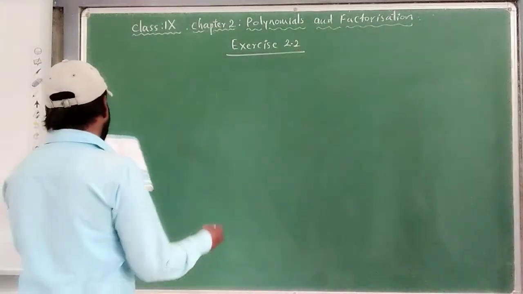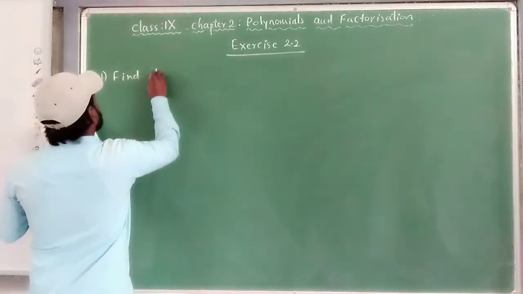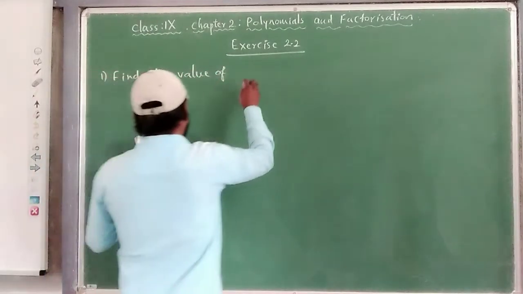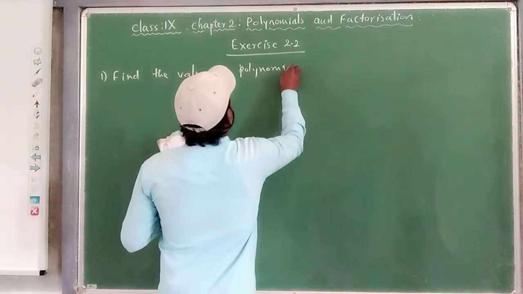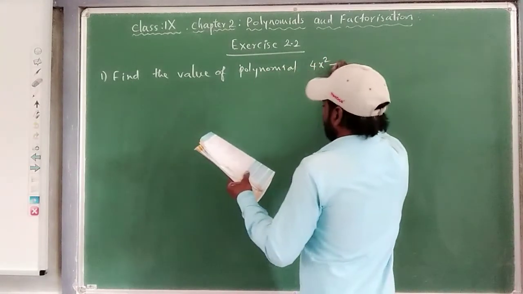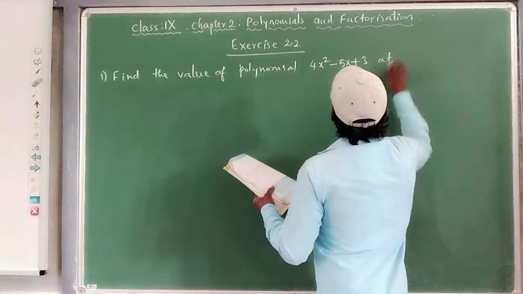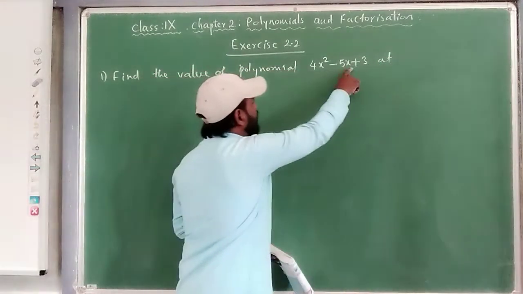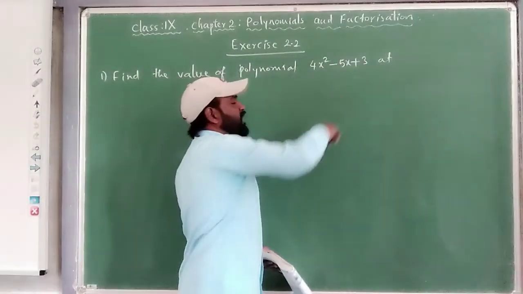The polynomial is in which variable? X variable. So for different values of x, what is the value of the given polynomial?